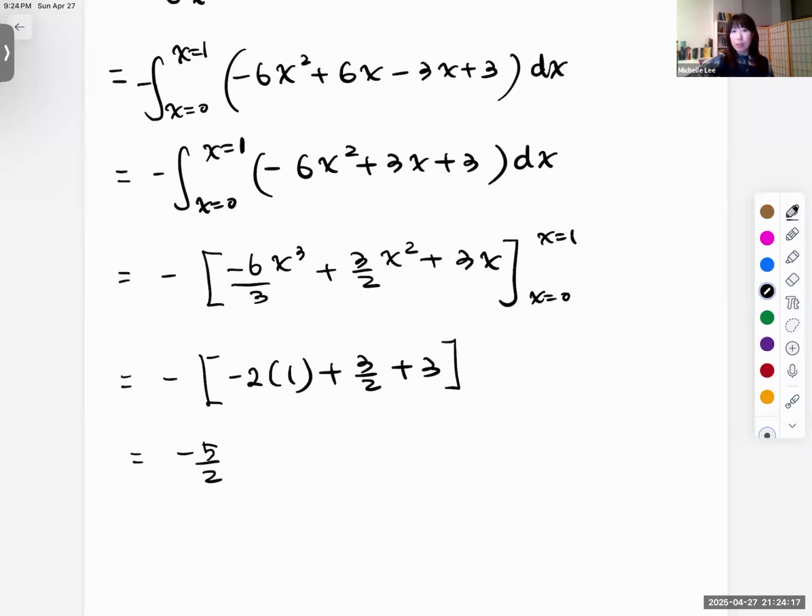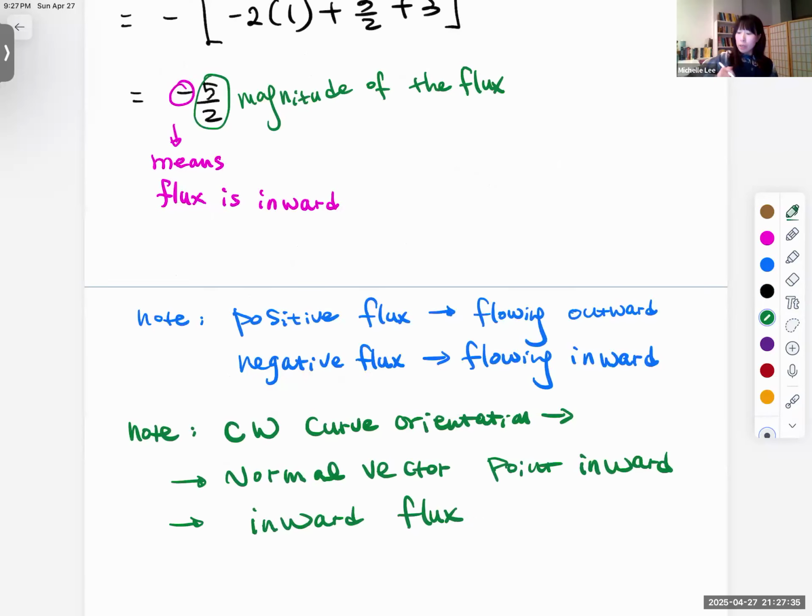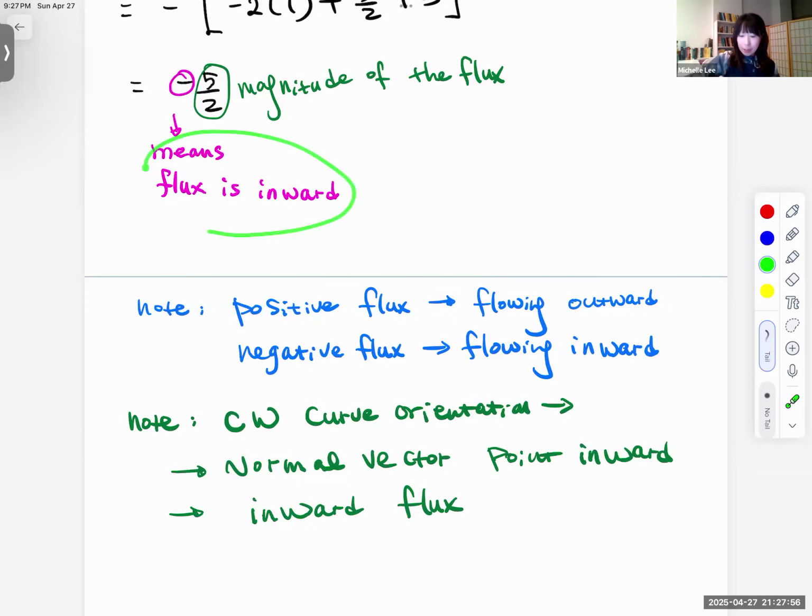What does this mean? Let me write it down. I wrote down some notes here. Negative means the flux is inward, meaning it's flowing inward, inside. We knew that the vector gives the magnitude of the flux, and since we have a negative, the flow is inward, while a positive flux means flowing outward.